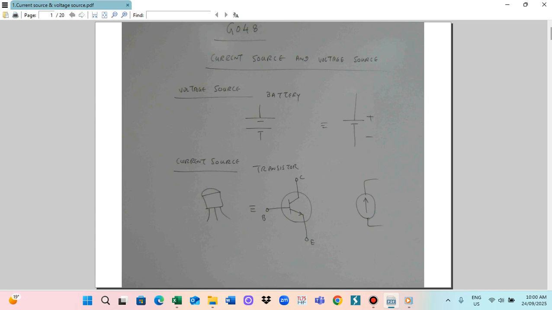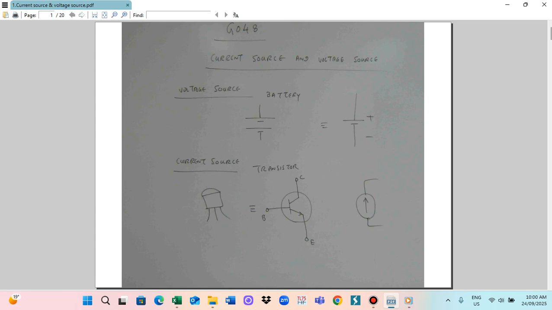You can see the transistor on the diagram here. This is normally how I draw the transistor, like this.